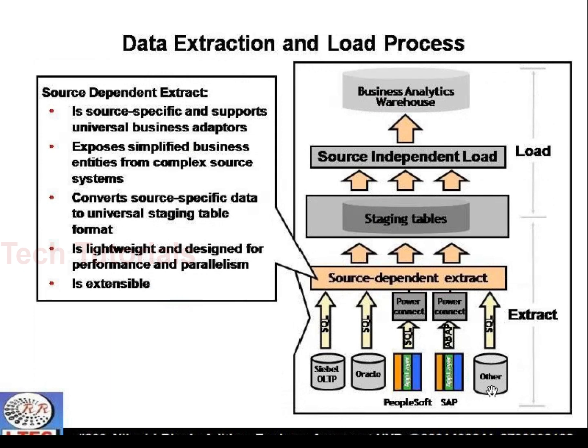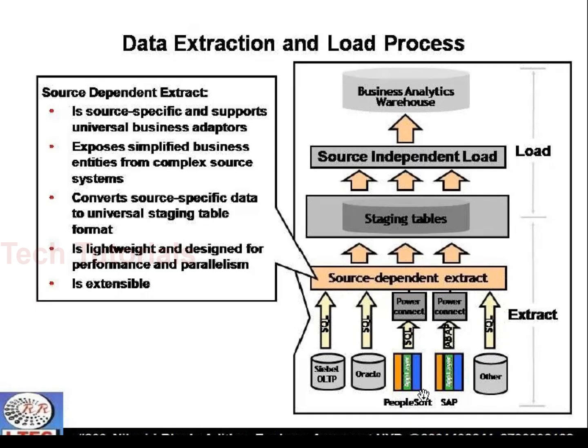Now, whatever the sources may be, what activity are we doing? We are extracting using what type of transformation? I mean mappings. Source dependent extract, that is called SDE mappings. Using SDE mappings, we are moving to the staging table. Your application may be Siebel, Oracle, or PeopleSoft, whatever it may be.